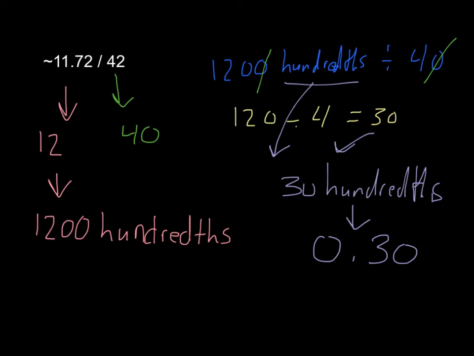I crossed out those zeros, dividing it by 10, and did 120 divided by 4, which I know is 30. I brought down my hundredths, and I brought down my 30, so I have 30 hundredths, which is the same as 0.30, which is also the same as 3 tenths. Remember, those are all equivalent.